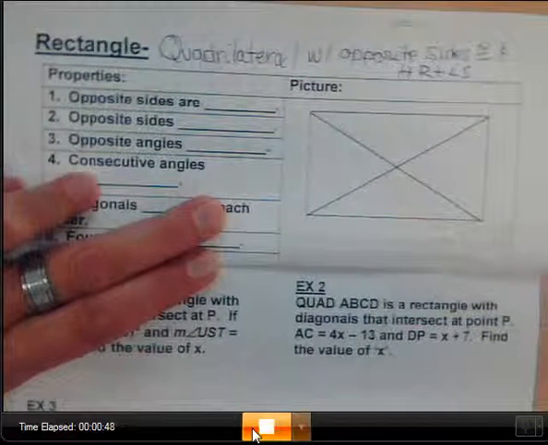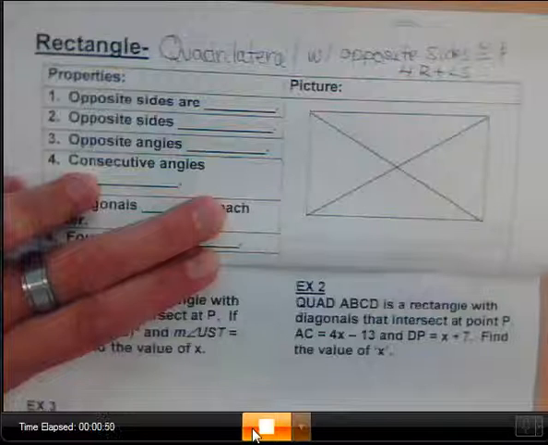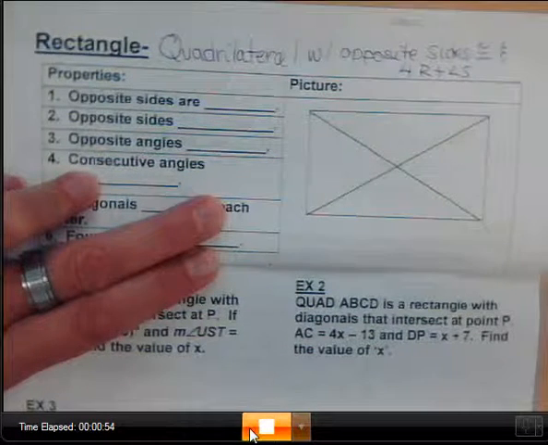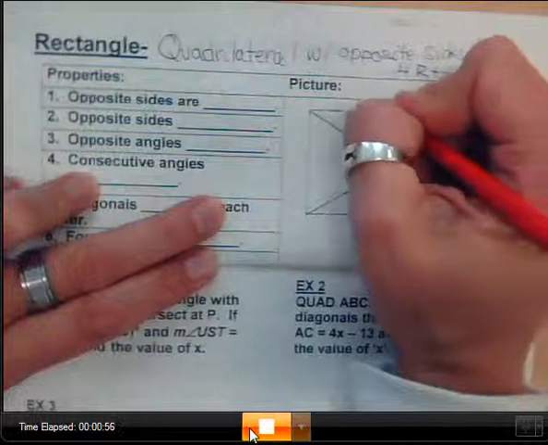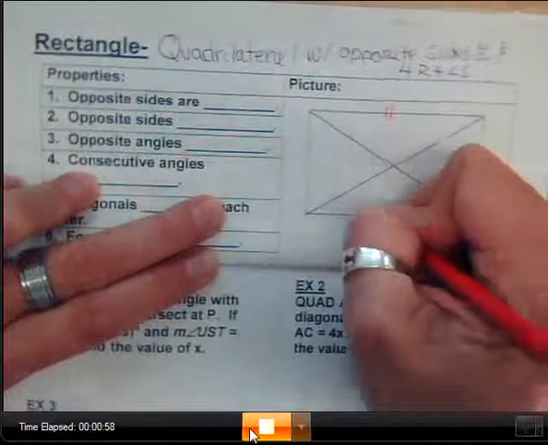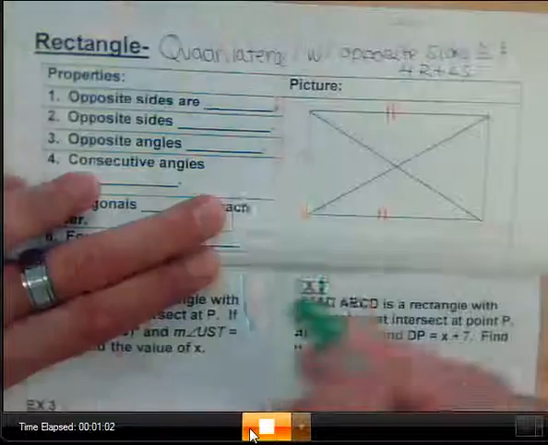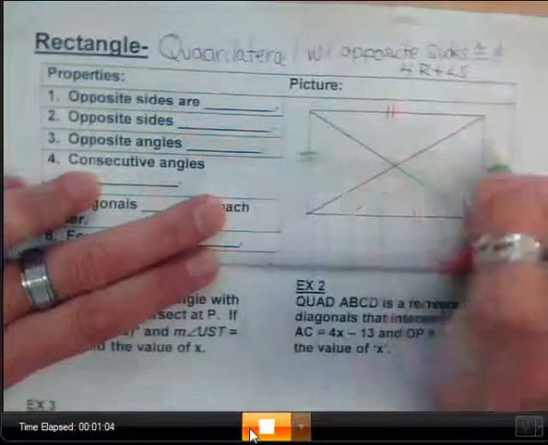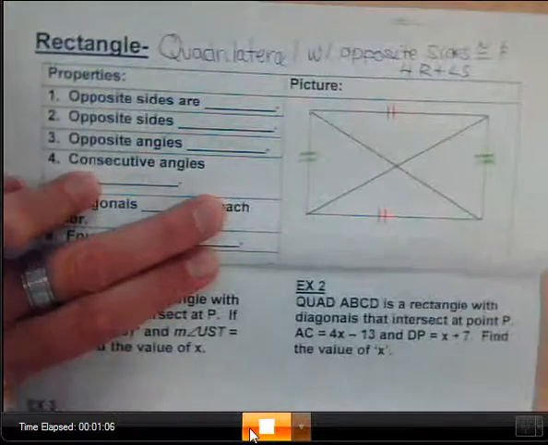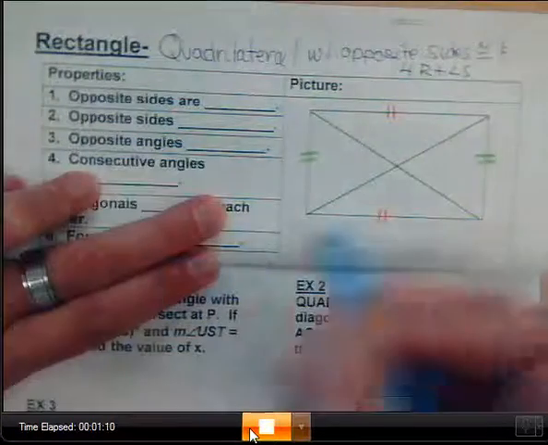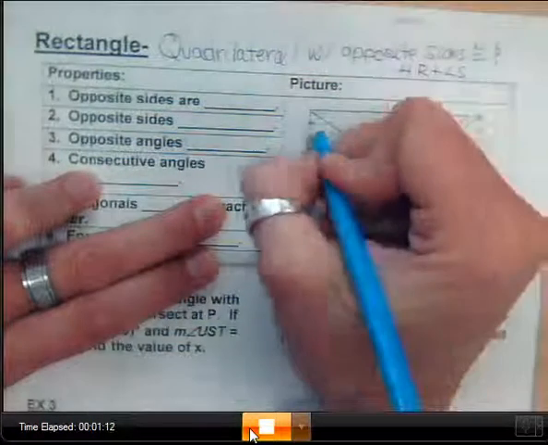So we have opposite sides congruent and we have 4 right angles. So let's go ahead and mark up what we've got there. So we have this side congruent to this side. This side congruent to this side, and then we have 4 right angles.